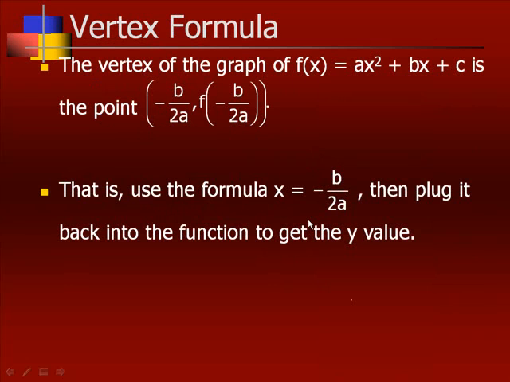A different kind of formula: the vertex of the graph of f of x equals ax squared plus bx plus c can also be found by finding the point where x is negative b over 2a. You plug negative b over 2a back into your function, and that function value is the y value of your vertex.